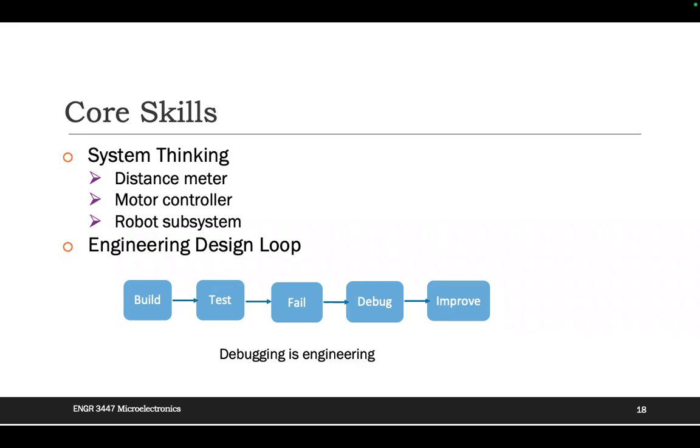I think every student goes through this process in those labs. You build the system, then you test it, and you find something is wrong. You cannot run it, you fail, but then you debug it.